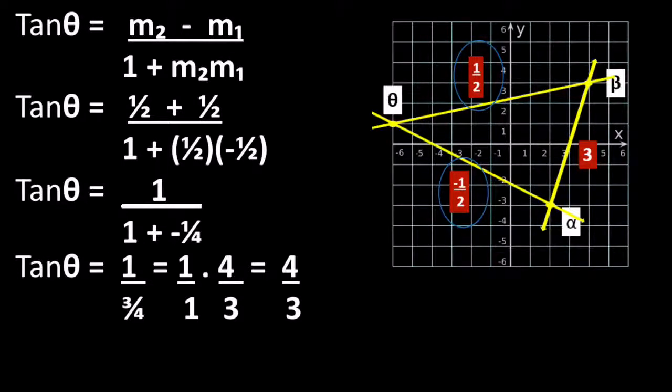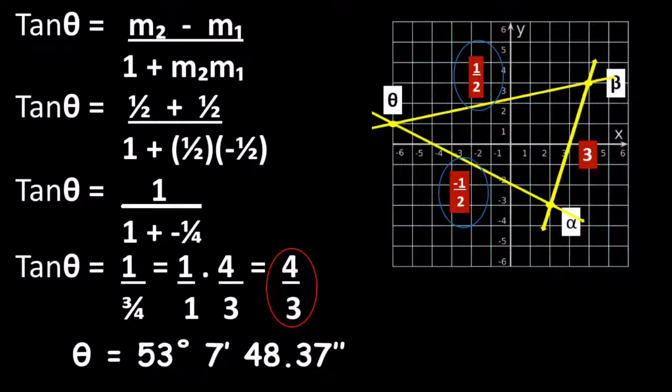We would get the reciprocal of 3 over 4, that's why it's 4 over 3. The answer would be 4 over 3. We would press shift tangent the slope in our calculator, and we would get 53 degrees, 7 seconds, 48.37 milliseconds.